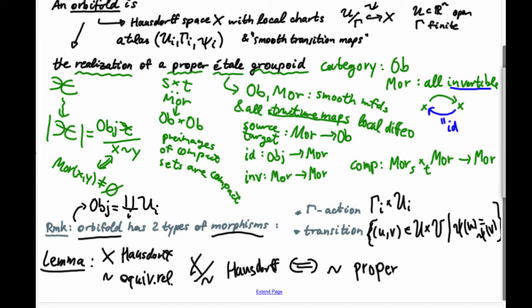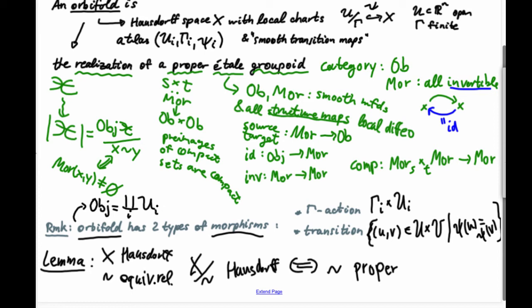That has something to do with the fact that if you have a sequence of equivalent things, then in the limit you still want them to be equivalent. So that's where the proper comes from.